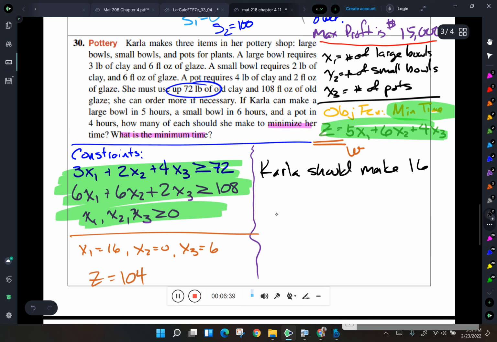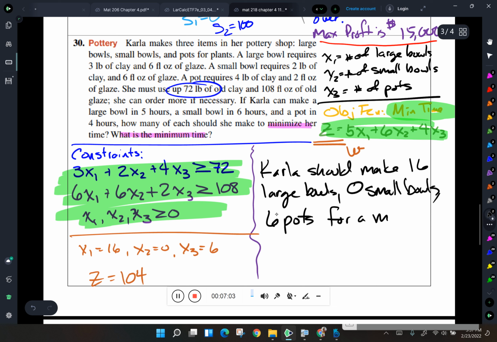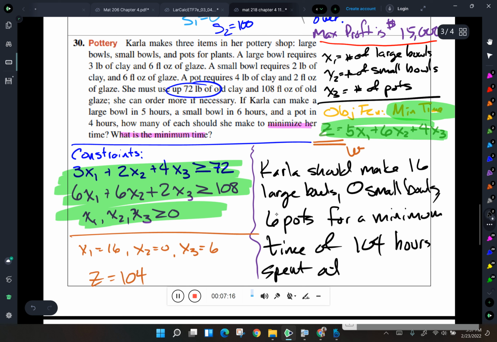She should make 16 large bowls, 0 small bowls, 6 pots for a minimum time of 104 hours spent. Let's call it a day's work.